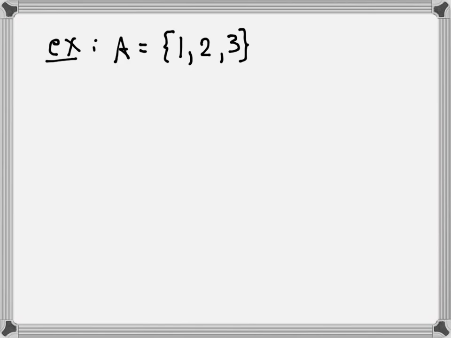And what we're going to do is list all possible subsets of this set. Okay? The first one I'm going to list is one that you might not have thought of, so I'm going to start with it. The first subset is the empty set. Okay? I know it sounds kind of weird, but think with me. In order to be a subset, it means everything that's in the set is in the larger set. So what's in the empty set?